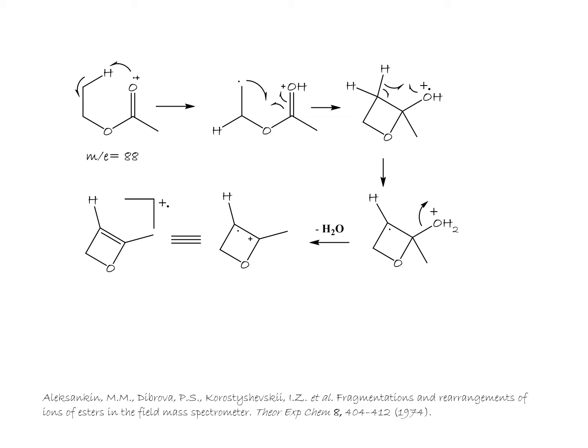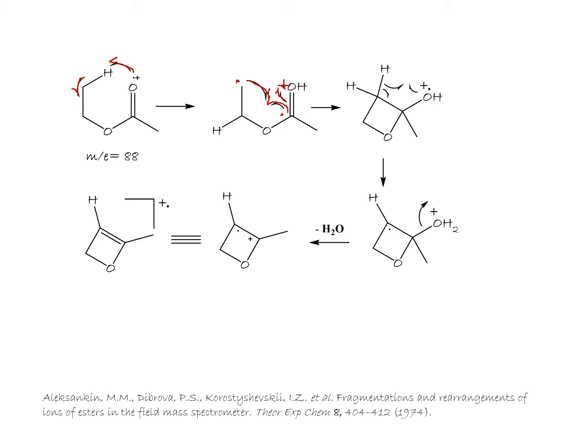Once again, we will do the same. Here, a radical, leaving this radical, and this will be plus. Now, breaking this homolytically, with this odd electron here, odd electron with odd electron, and oxygen will have an odd electron.